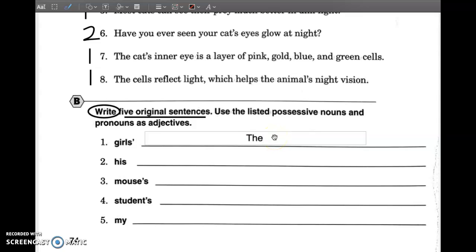Okay, how about the girls' tennis team canceled their match today? That is us using a possessive noun as an adjective in this sentence. The girls possess their tennis team.